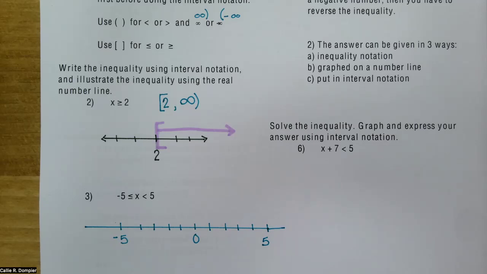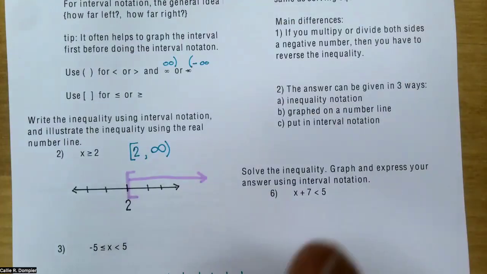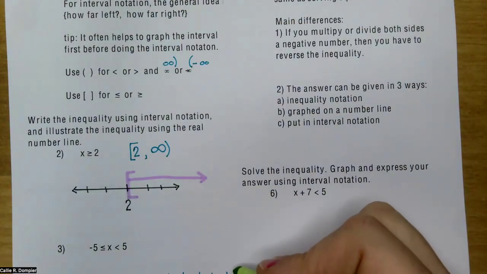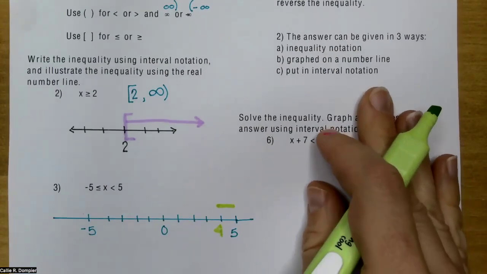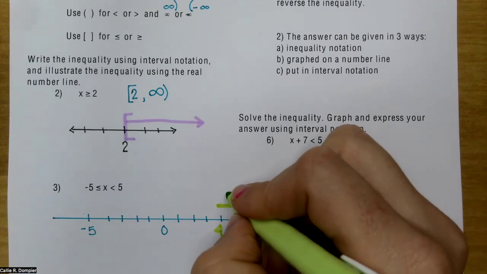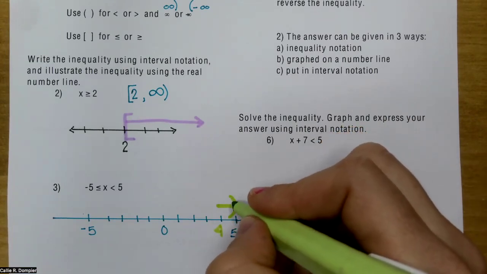Good. All right, let's look at what we've got. We've got x is less than 5. Less than is parentheses. So x is less than 5. Less than 5 would be this 4 right here, right? Less than uses a parentheses and not a bracket.